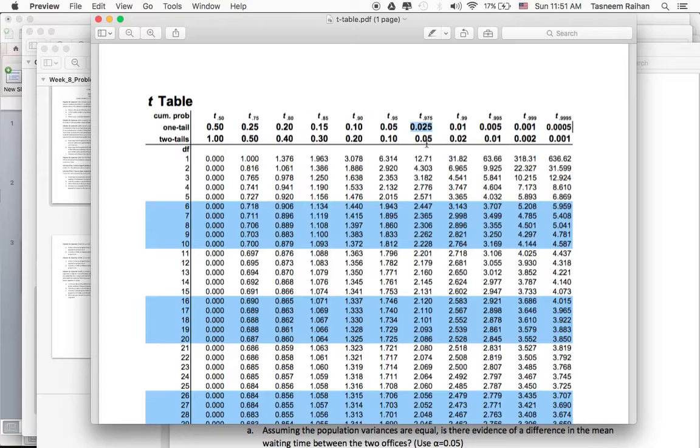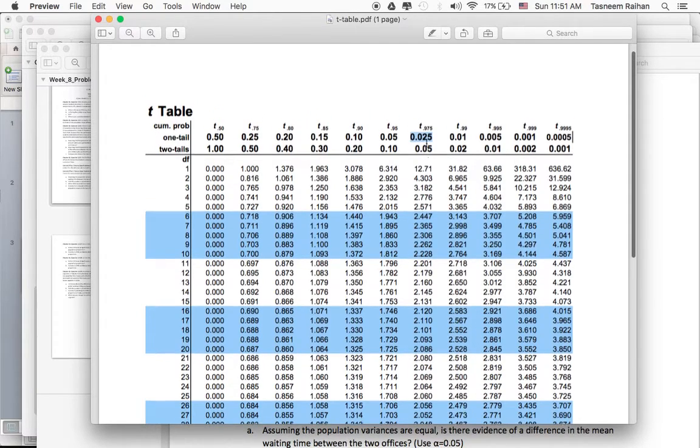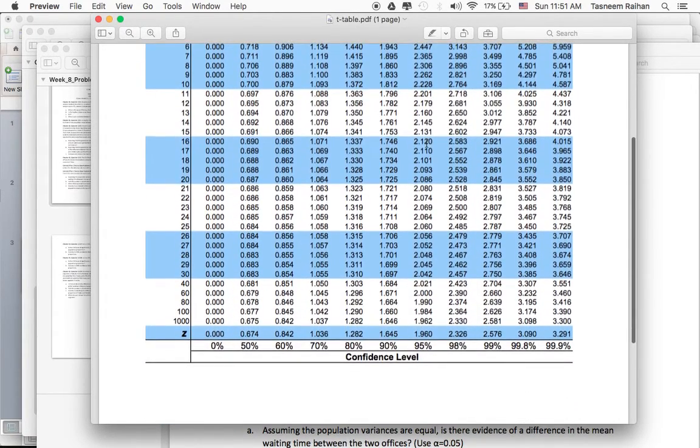We scroll down along this column, and the corresponding t-stat is between 1.99 and 1.98, because 1.99 corresponds to 80 degrees of freedom and 1.98 corresponds to 100 degrees of freedom, but our degrees of freedom is 90, which lies between 80 and 100. So the t-stat will be somewhere between 1.99 and 1.98.